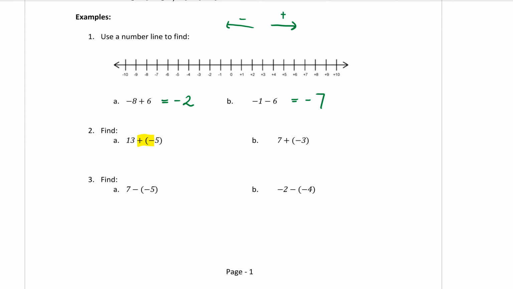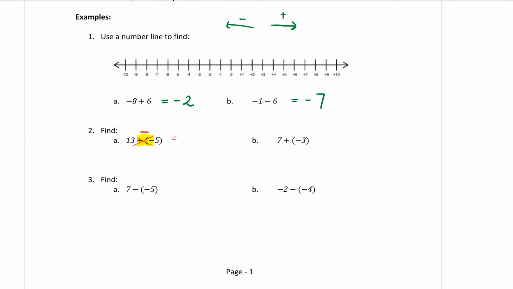So I usually cross those ones out and it becomes a minus sign. Replace the two with the one sign that you want. So I want to do 13 take away 5. That one you possibly don't even need a number line for. Do you know what 13 minus 5 is? 8. Yes. They were all positive numbers there.